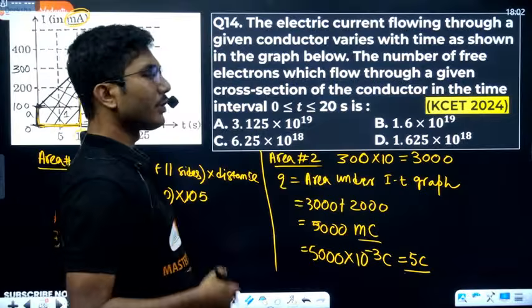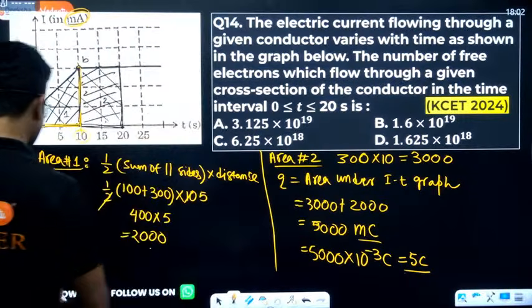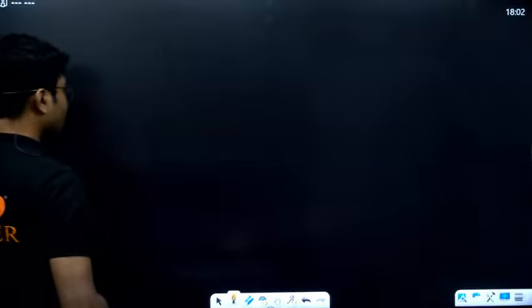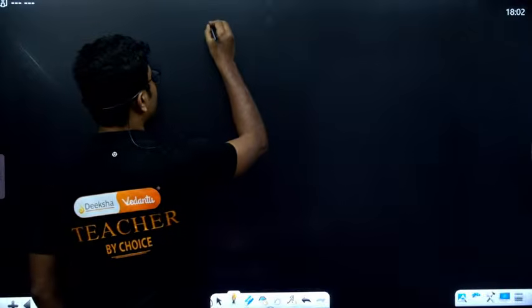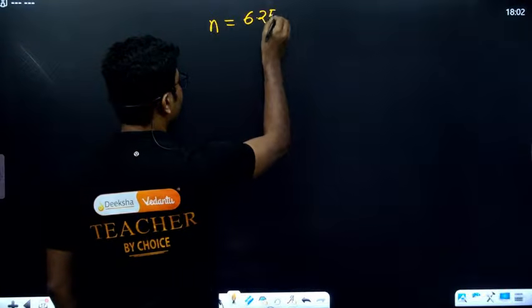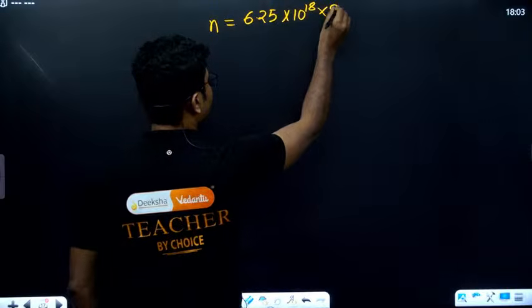Now 5 coulomb is okay. Now how to calculate the number of electrons from the charge? So again, I will use the shortcut that I told you. What shortcut are we going to use here? The shortcut is, always remember, the number of charges is given by 6.25 into 10 to the power of 18 into the charge.